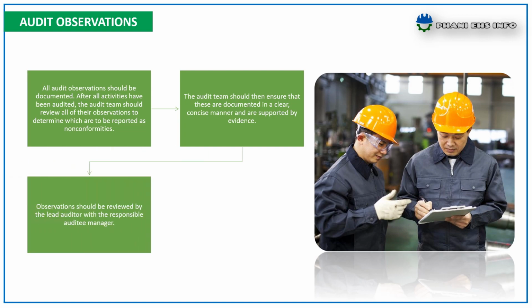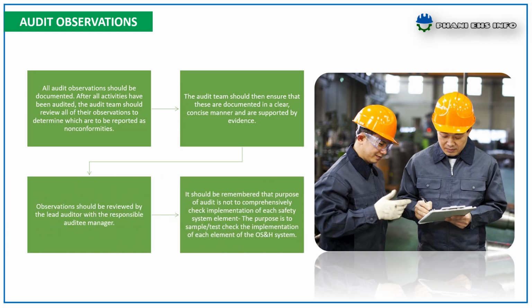Observations should be reviewed by the lead auditor with the responsible auditee manager. All observations of non-conformities should be intimated to the auditee and acknowledged by it. It should be remembered that purpose of audit is not to comprehensively check the implementations of safety system elements. The purpose is to sample or test check the implementations of each element of the EHS system.